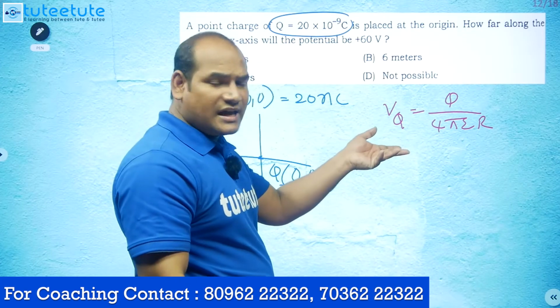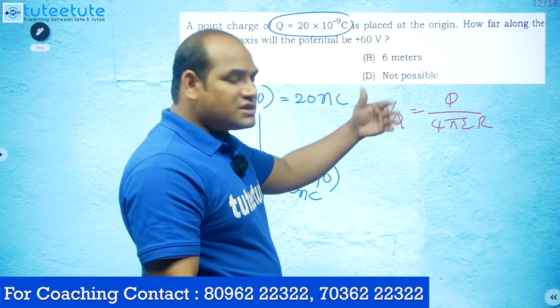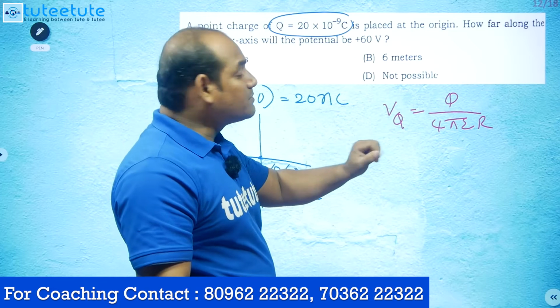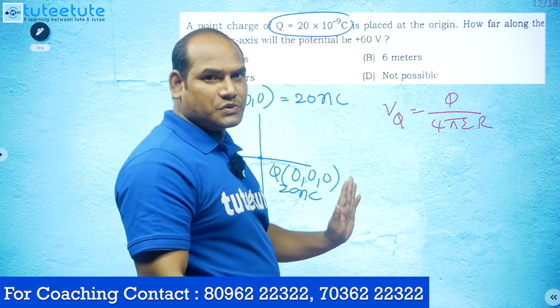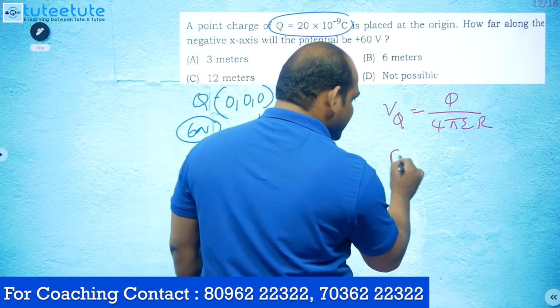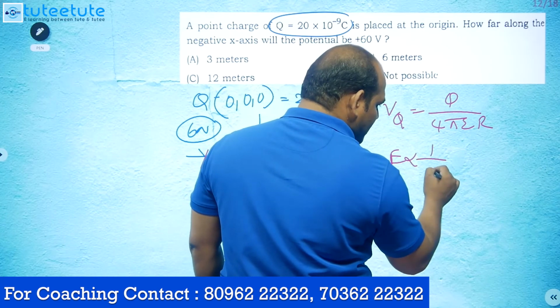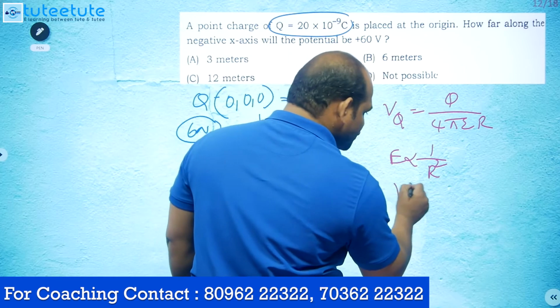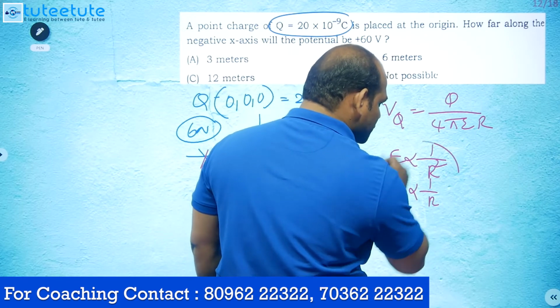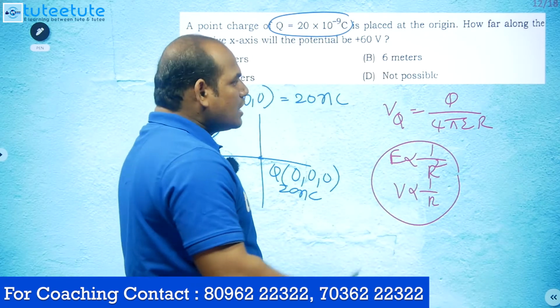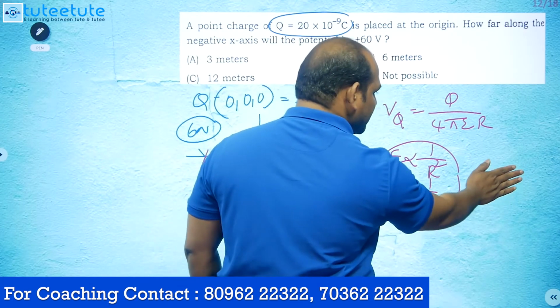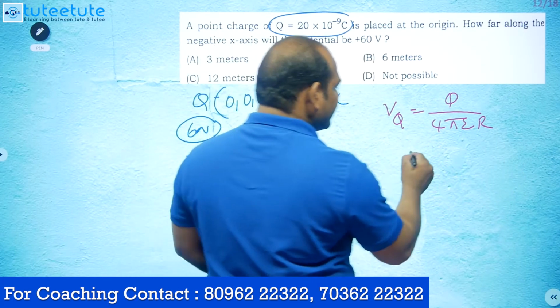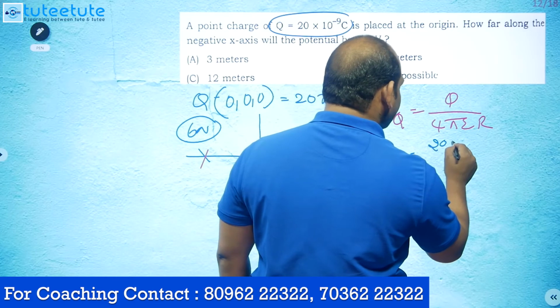Electric field is changing as an inverse square law with respect to distance, but potential is changing as inverse of the distance only. This is the thing we have to remember. So anyway, here the question is based upon the potential. So here it is equal to, charge they have given 20 nano coulombs.